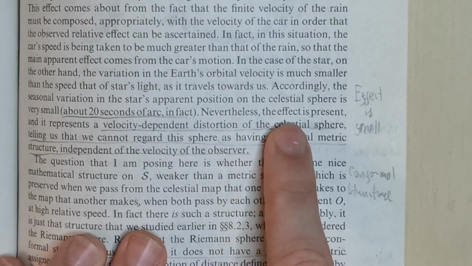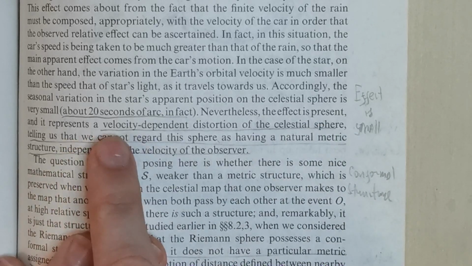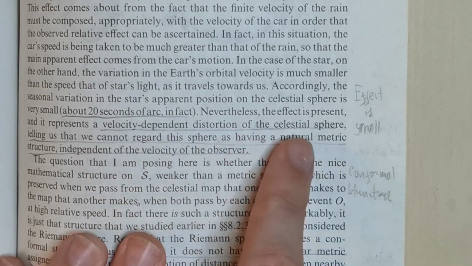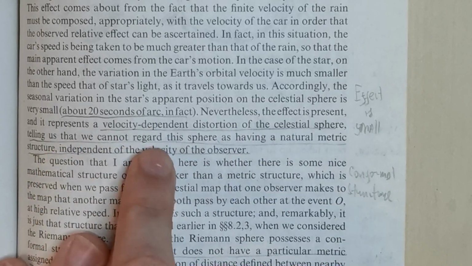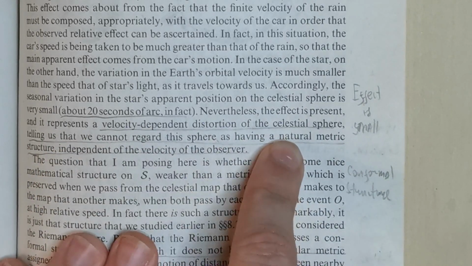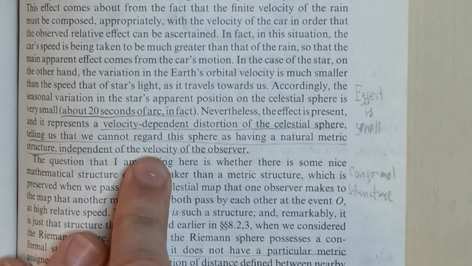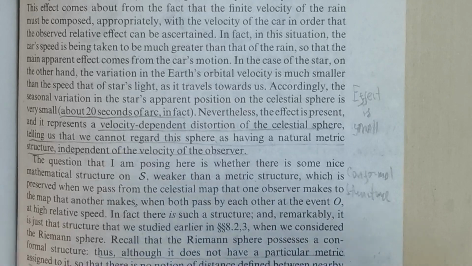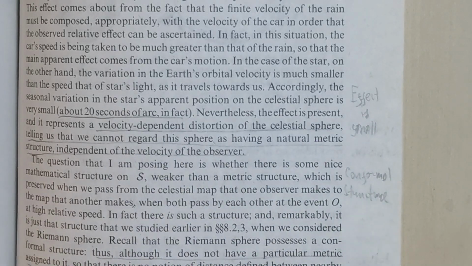But nevertheless, the effect is present, it's measurable, and it represents a velocity-dependent distortion of the celestial sphere. That is telling us that we cannot regard this sphere as having a natural metric structure independent of the velocity of the observer. So basically, the distance between stars will depend on the velocity of the observer.